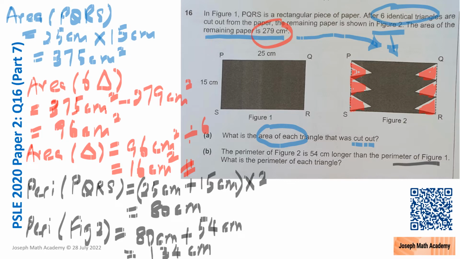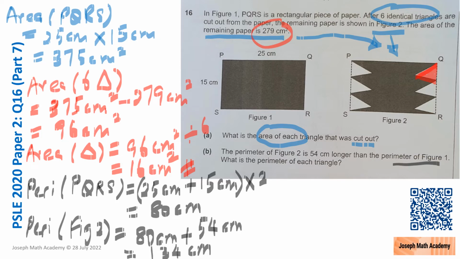So figure 2 perimeter is 134 cm. Okay, now we all know that we want to find the perimeter of one such triangle. Okay, so I'm going to remove all this. To find the perimeter of one such triangle means just to find one of this, one red triangle here.